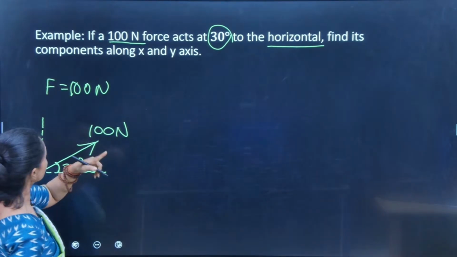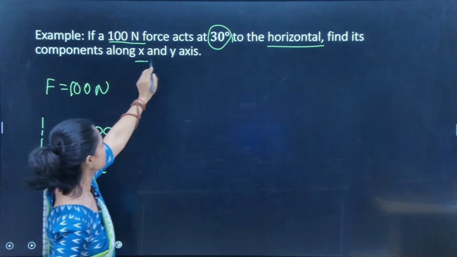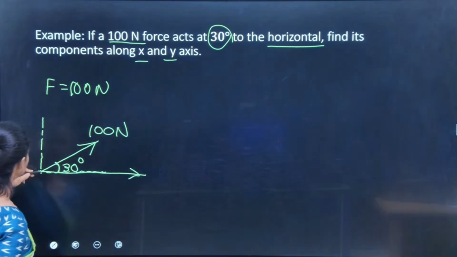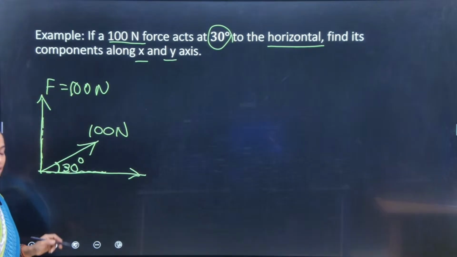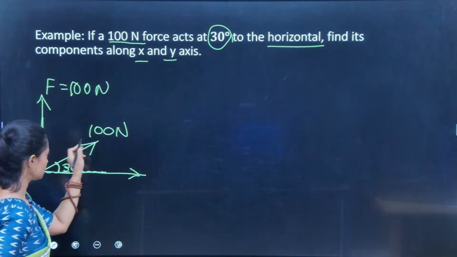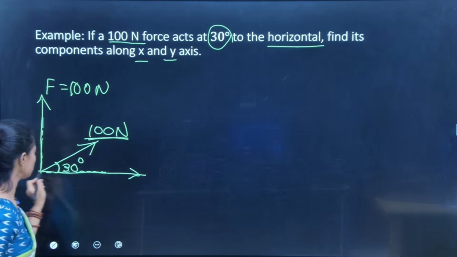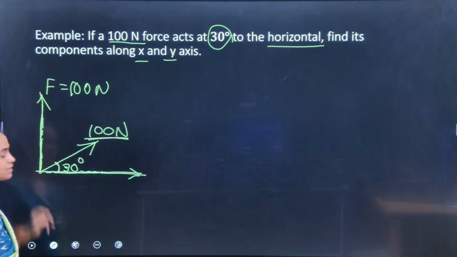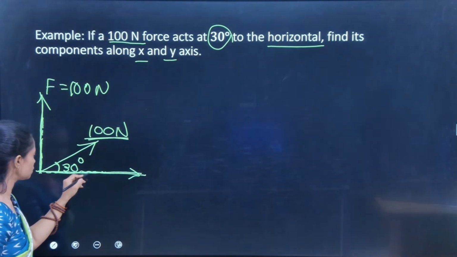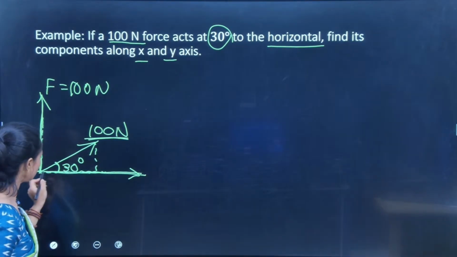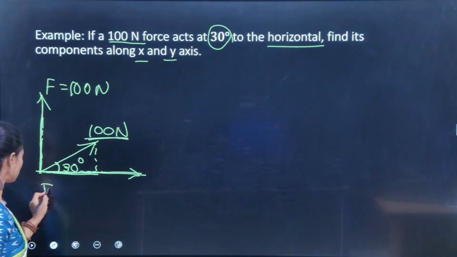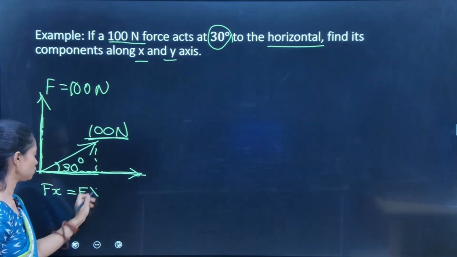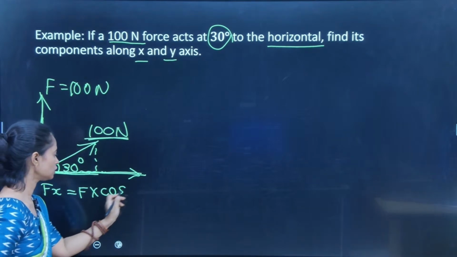So what will be its components along the x and y axes? Since this is the x axis and this is the y axis, the x component of the force of magnitude 100 Newton will lie on this axis, and the y component will lie on this axis. The component of force along the x axis, we will call Fx, and its magnitude would be F cos theta.